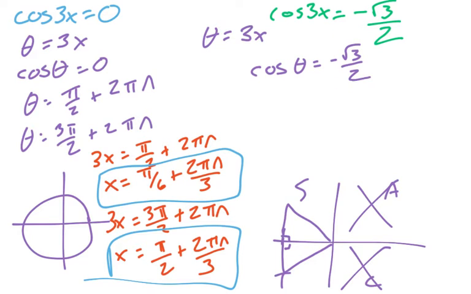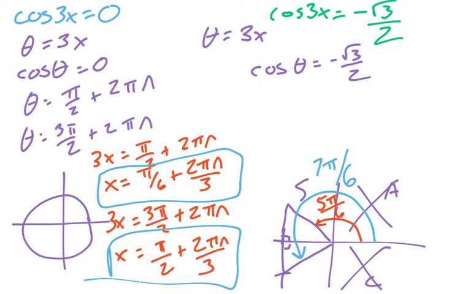So it's going to be a 30-degree reference angle, or pi over 6. So this angle would be 5 pi over 6. And if you go into the third quadrant, you need to go pi over 6 more than pi. So that's 7 pi over 6.